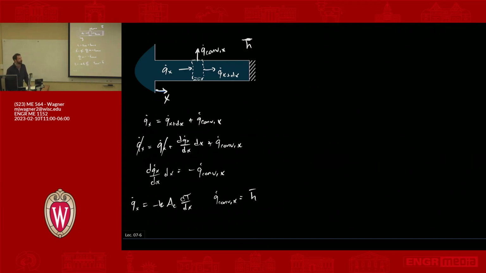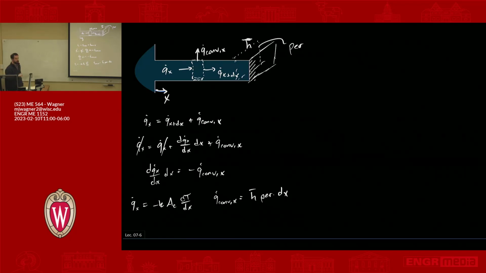What is the area that we're going to use here? So let me just give you some dimensions here. So let's draw this kind of into the page. And let's say that I have this, call that perimeter, right? So the area available for heat transfer due to convection is perimeter times dx.